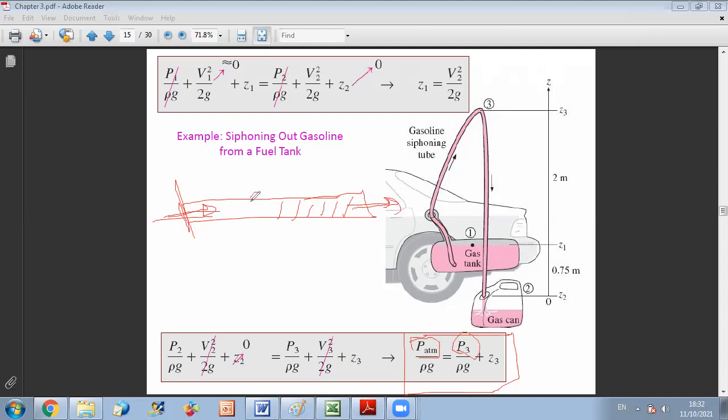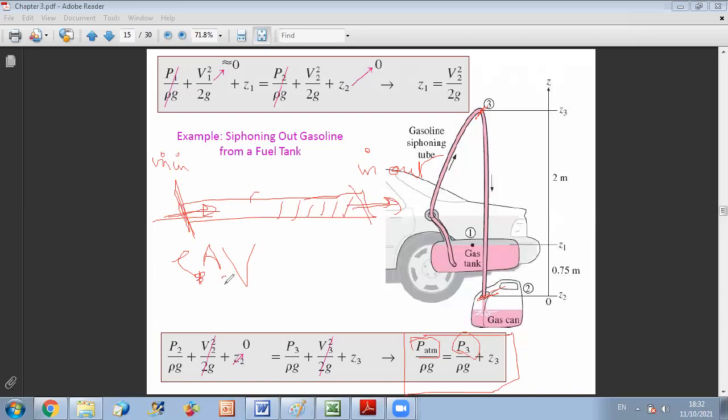So if you consider any section of your tube, m dot in should be equal to m dot out. And what is the expression of the mass flow rate? It's rho times A times V. Since you can apply this between any two points, for example between 3 and 2, rho is constant because it's a liquid.